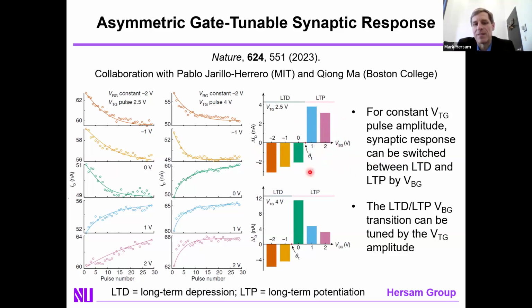But what's different about this device is that we can use the second gate, namely the top gate, to shift where that transition occurs between depression and potentiation. And the ability to tune the LTD-LTP transition is something that's well known in neuroscience to underlie what is known as input-specific adaptation. And because we can now do this in hardware, we can realize that sophisticated cognitive function in neuromorphic computing.